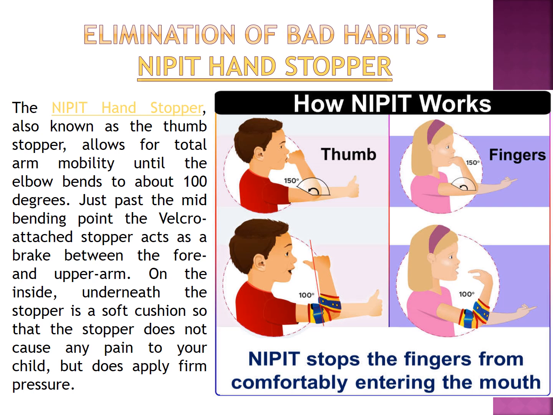We can use the same Nipit hand stopper to eliminate bad habit like sucking of point finger. Sucking of thumb can cause distal bite, but sucking of another fingers can provoke development of mesial bite.